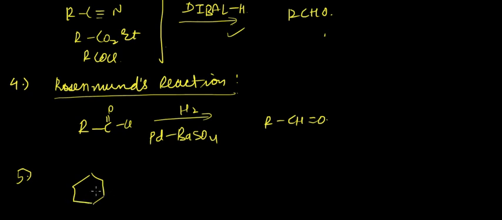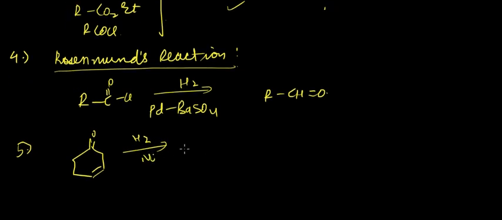What actually happens when we pass this compound with H2 over the surface of nickel? So what will happen is it will reduce both the double bonds, attaching hydrogen and hydrogen here as well as H and H here.